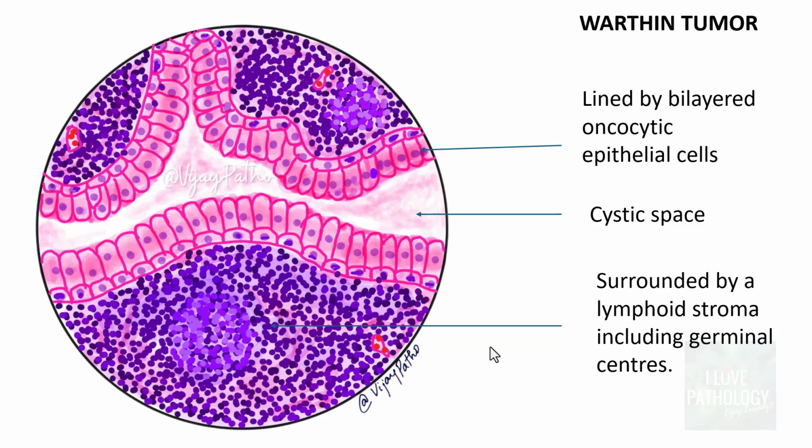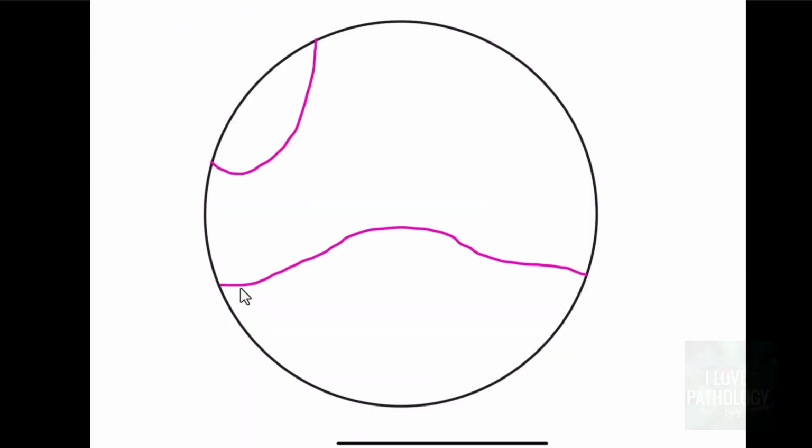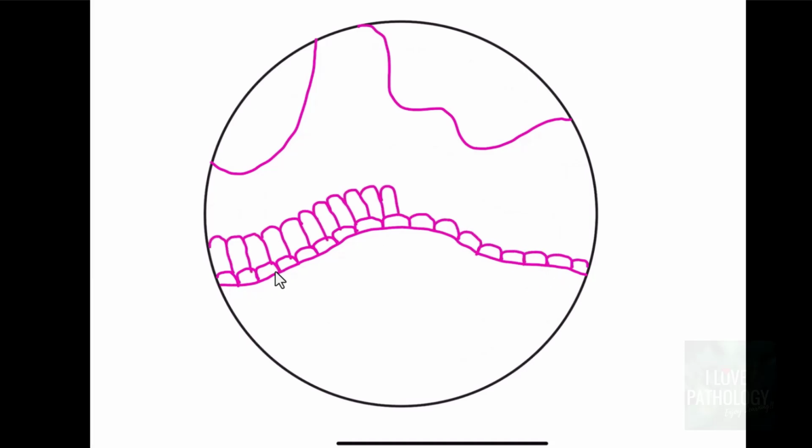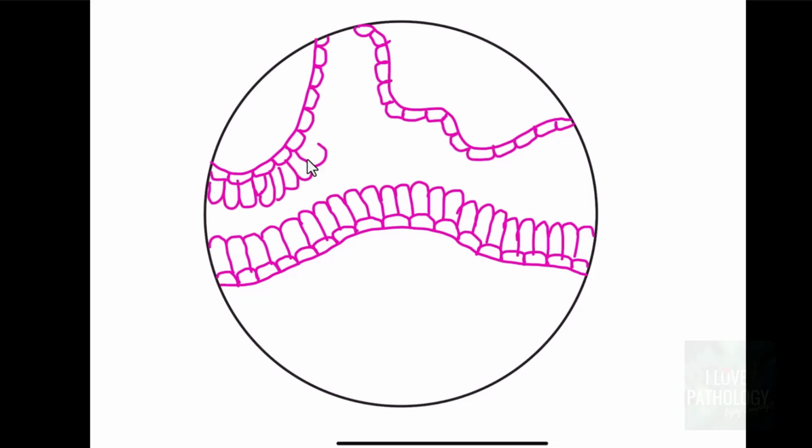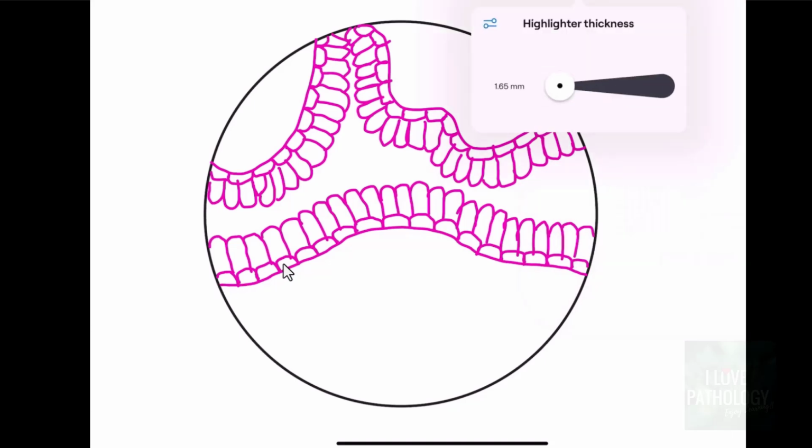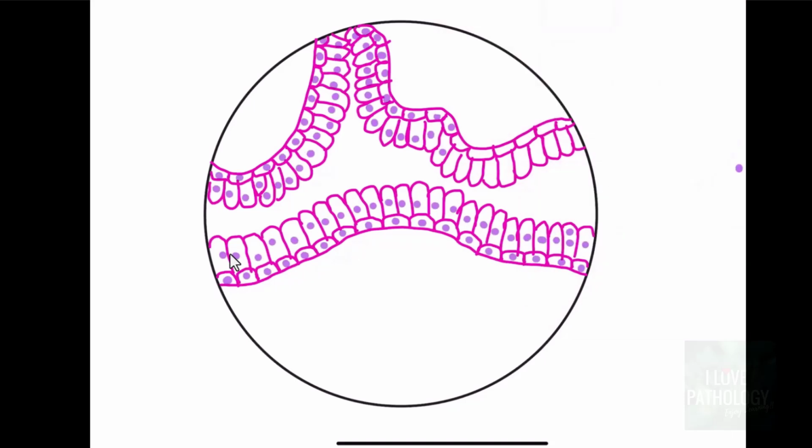So let me try to illustrate how to draw Warthin tumor if you are asked in the examination. What you have to do is just line these spaces and write the outer cuboidal and inner columnar epithelial cells. Add the nucleus to each of these cells.